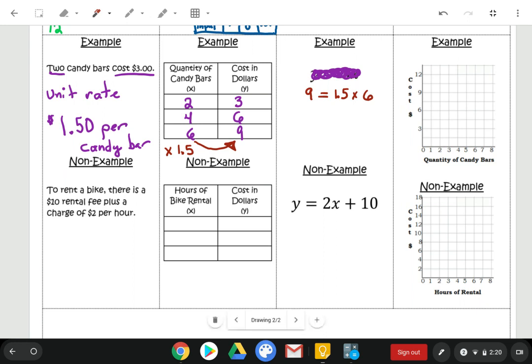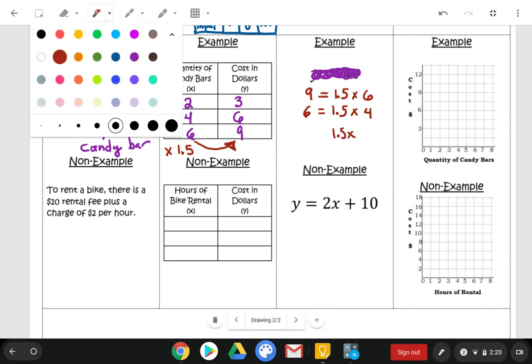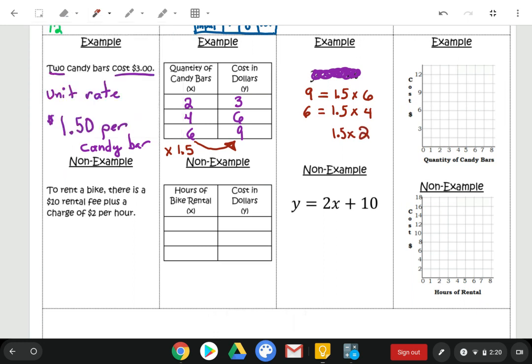And 4 times 1.5 equals 6. And 3 times 1.5, uh-oh, that's wrong. Sorry about that. 2 times 1.5 equals 3.